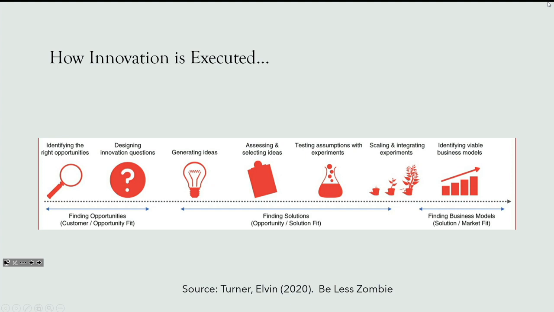So this is like finding opportunities, trying to find things that your customers want. Then the next stage is about finding solutions. So generating ideas, assessing and selecting ideas, and then testing them quickly with experiments in market, scaling and integrating those experiments in order to bring them to the world. And of course, you're trying to find a viable business model so that you can actually make money.